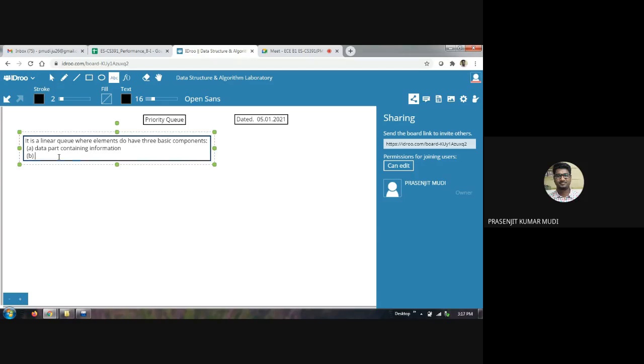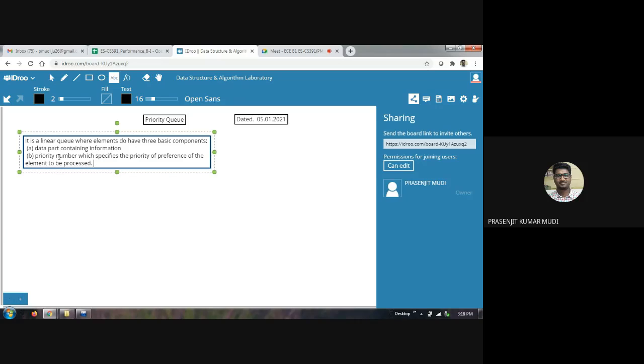not only the data part, but also another component, which is the priority number, which represents or specifies the priority of preference of the element to be processed.